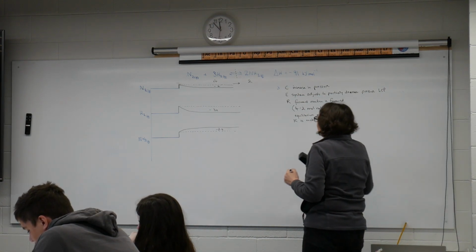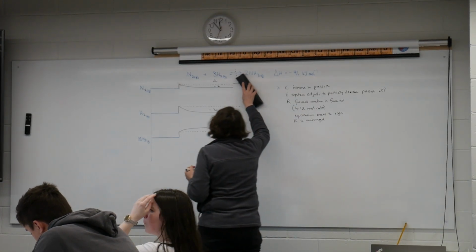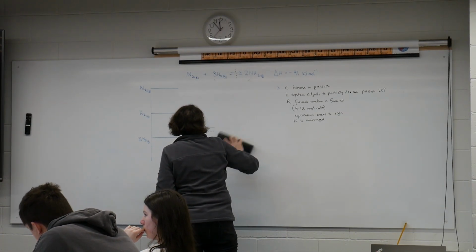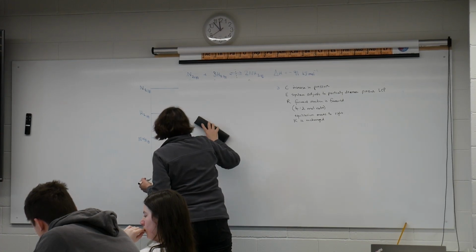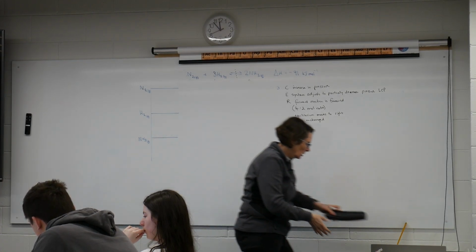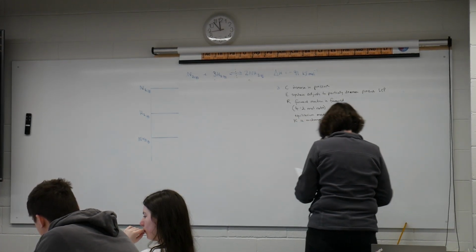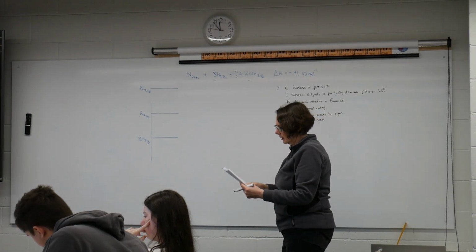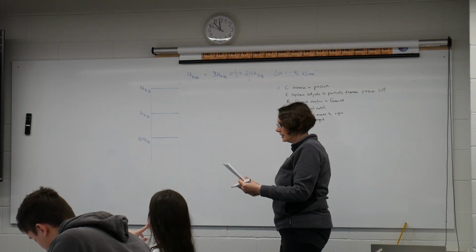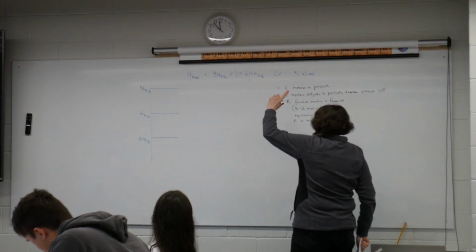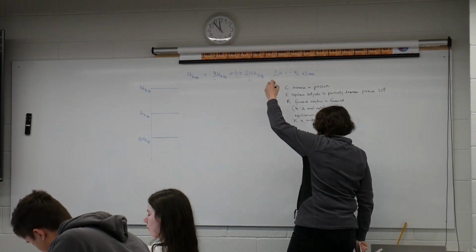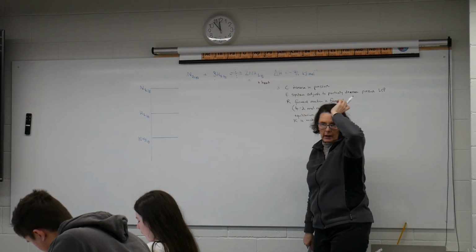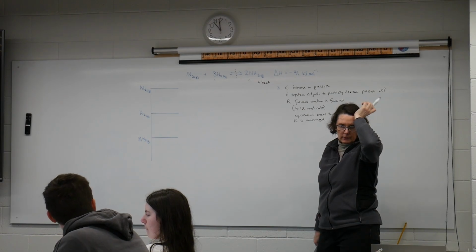Okay, so we talked about before what would happen with exothermic and endothermic changes. So if we're going to change the temperature now, increase in temperature. So we know that for an exothermic reaction, that means heat is a product.